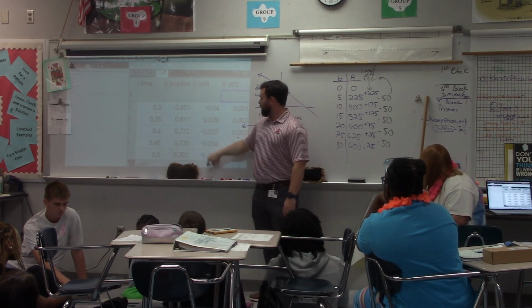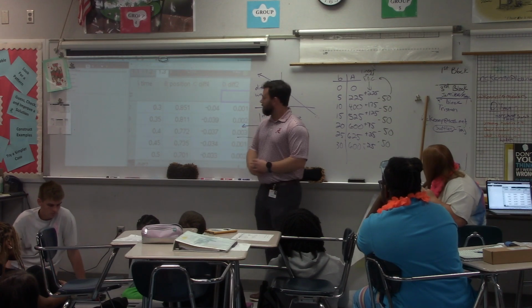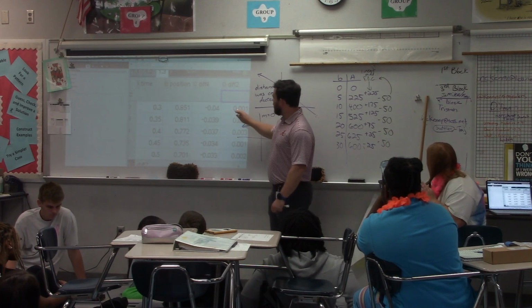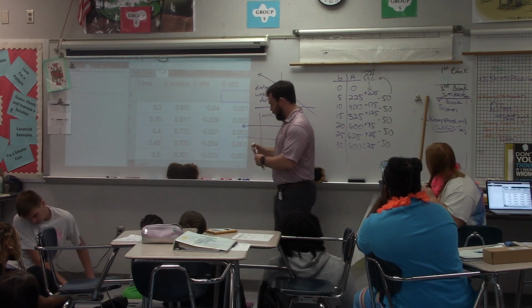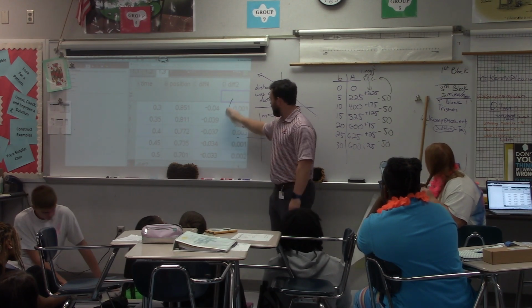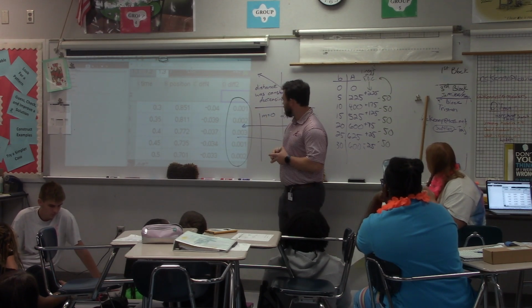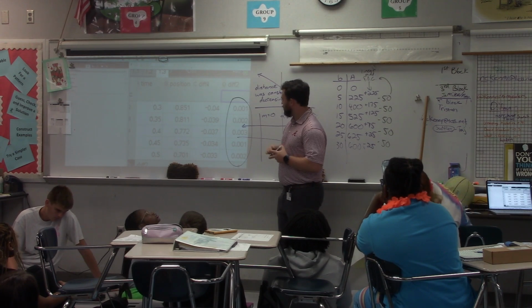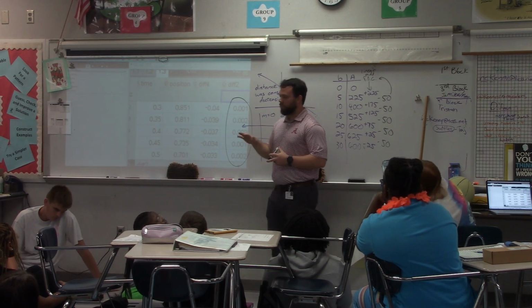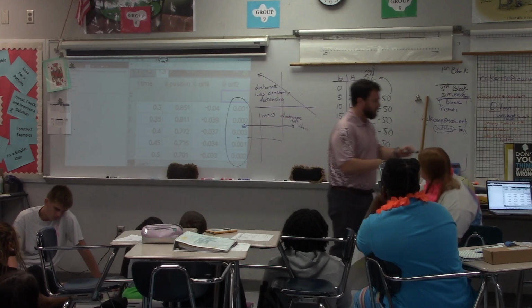Notice that's not constant, is it? 0.04, 0.039, 0.037, 0.034. It's not really constant here, but what is that really close to almost every time? If I were to average all those numbers, what do you think it would be?